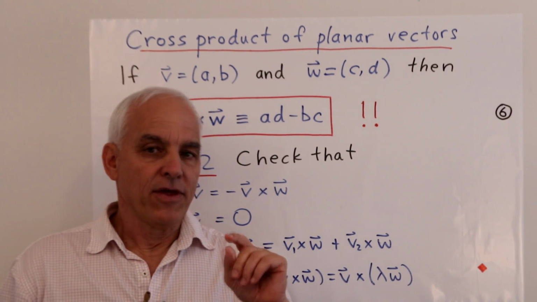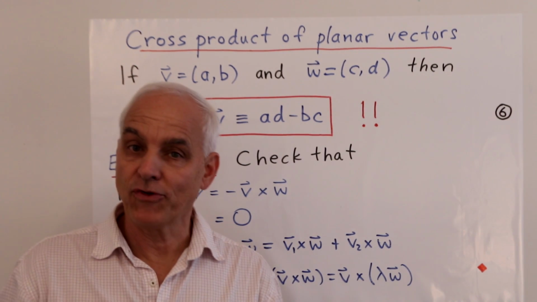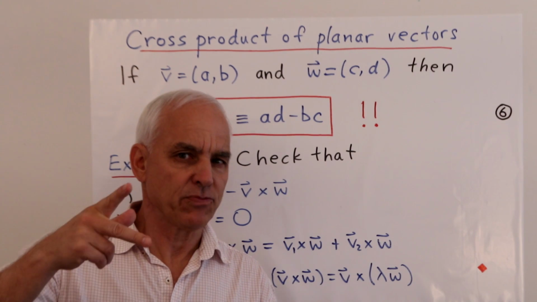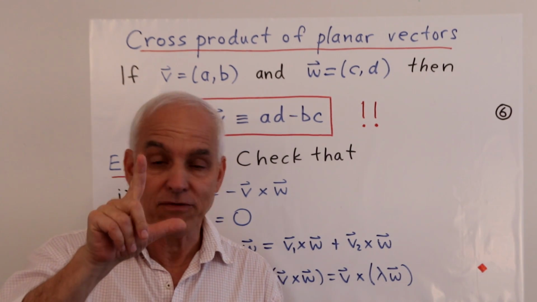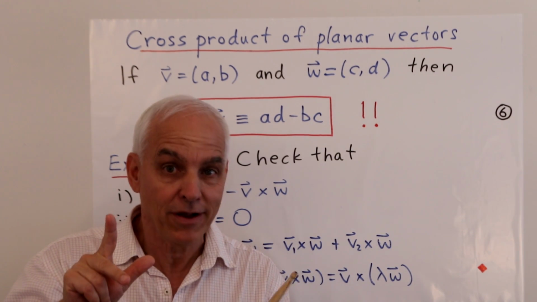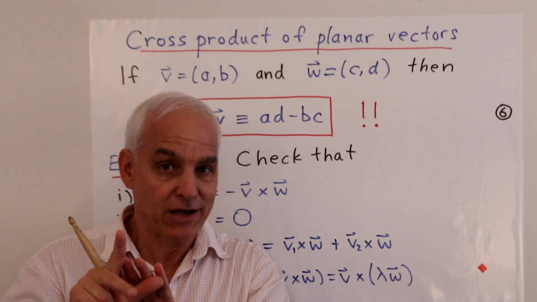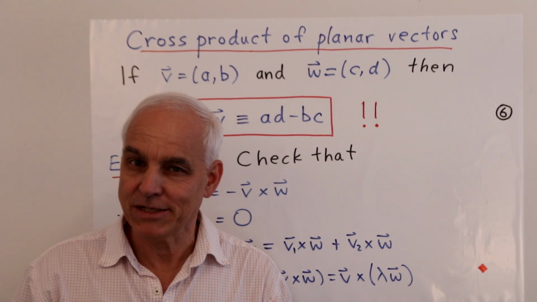Now, this will take some getting used to for some people, because if you've taken engineering courses, you're familiar with the cross product in the context of vectors in three-dimensional space. You'll know that if you have two vectors in three-dimensional space, the cross product is a third vector that's perpendicular to the two vectors that you have. We are not working in three-dimensional space here.